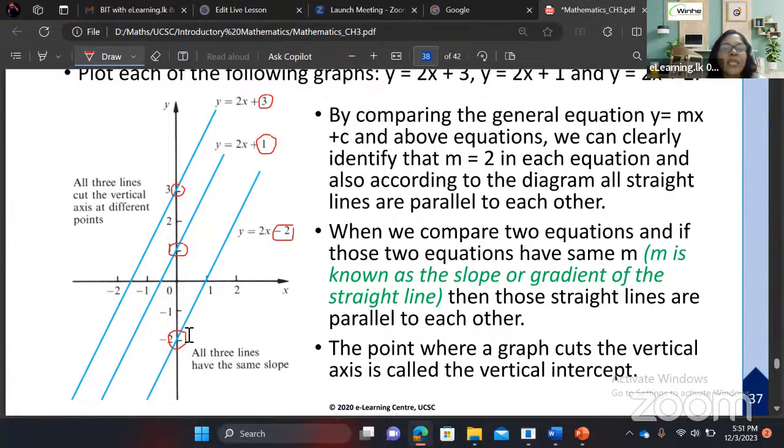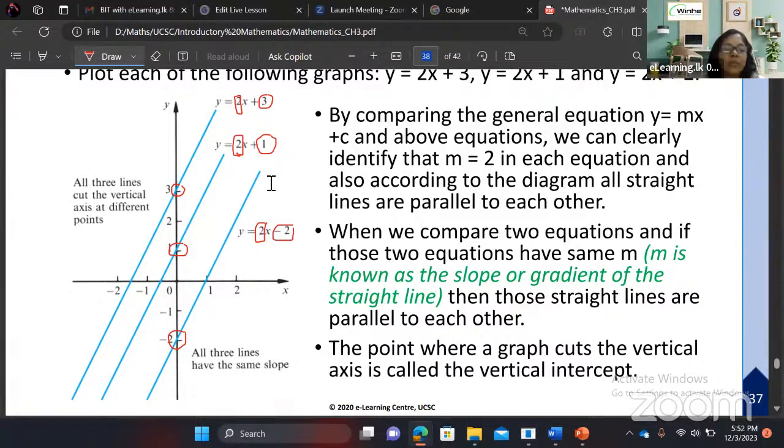But here you can see all the m values. All these 3 lines, all the m values are equivalent. What does that mean? If the m are equivalent, that means those lines are parallel.